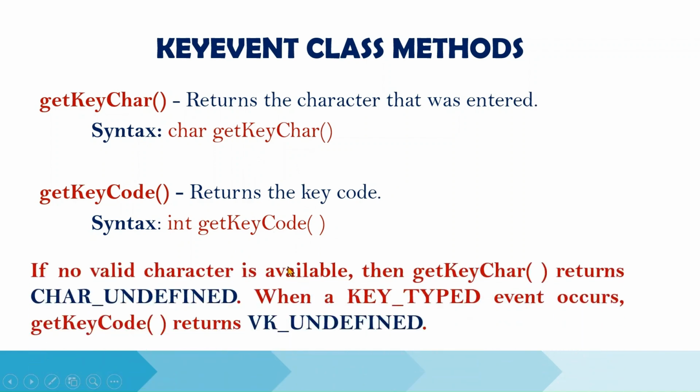Now if no valid character is available, suppose you are not writing anything in the constructor for the last character parameter, and you still apply the getKeyChar method, it returns CHAR_UNDEFINED.